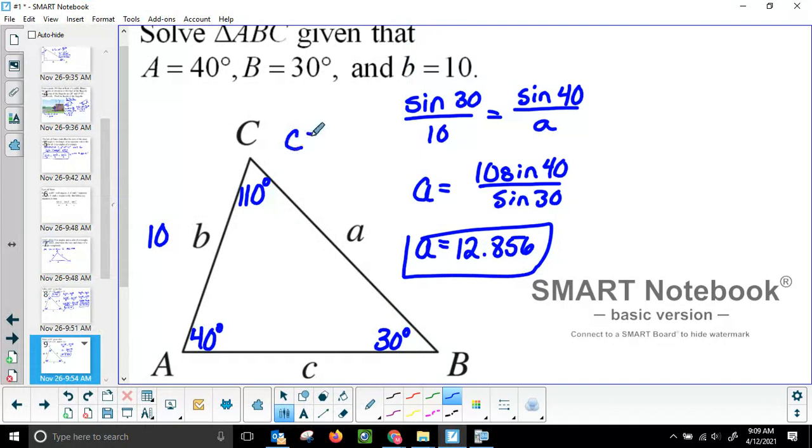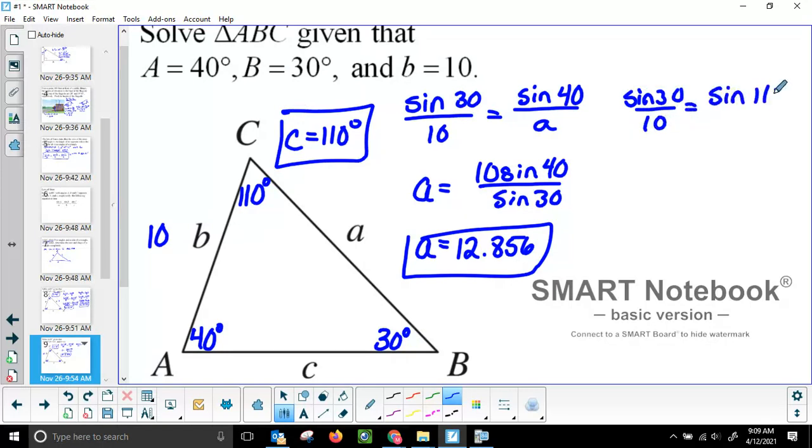And of course, we already found here that C is equal to 110 degrees. So now we just need to find side C. Again, we want to use whatever's given to us. So in this case, we'll use our B's. Sine of 30 over 10 again is now equal to sine of C, which is 110 degrees, over side C. Again, we can cross multiply and then divide by sine 30.